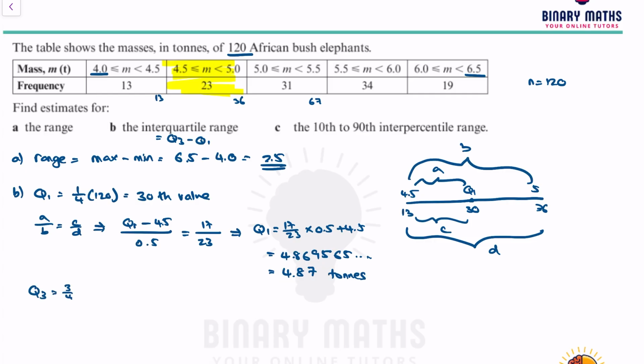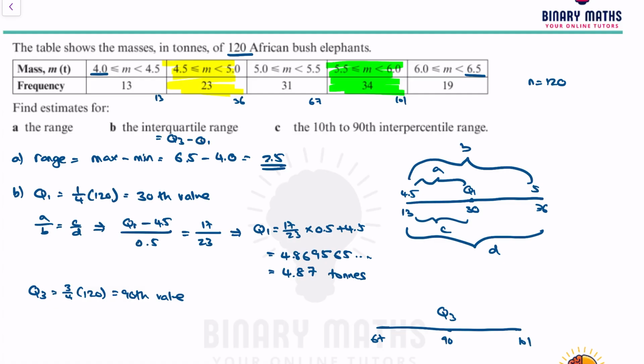So it's 3/4 of 120, which is the 90th value. 67 plus 34 is 101. So because I want the 90th value, it will fall in this class interval, which means Q3, the 90th value, lies between 67 and 101.